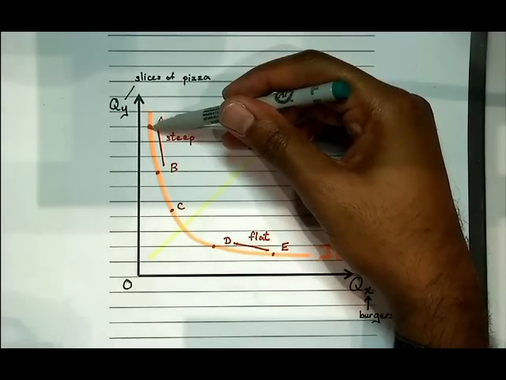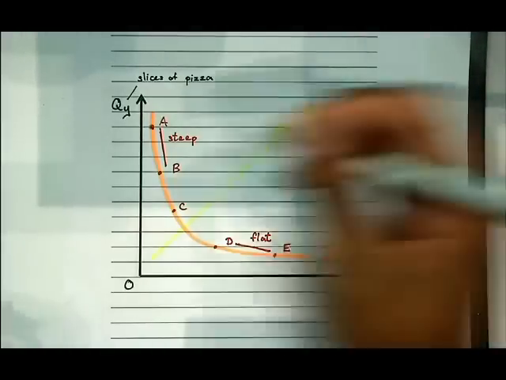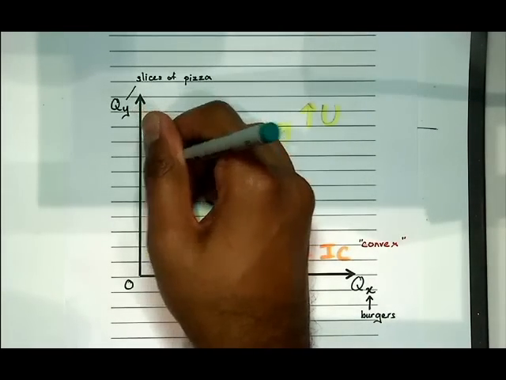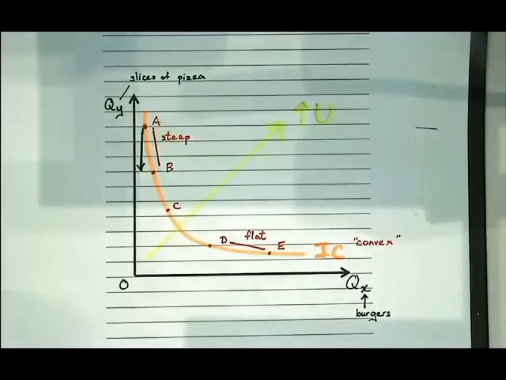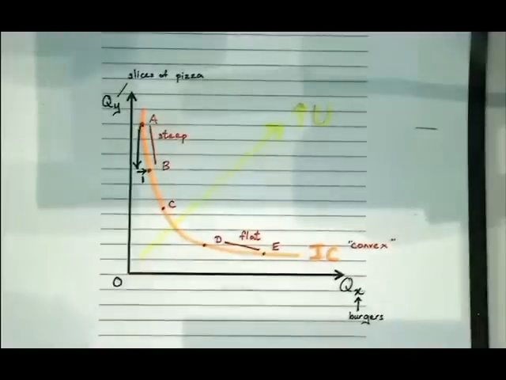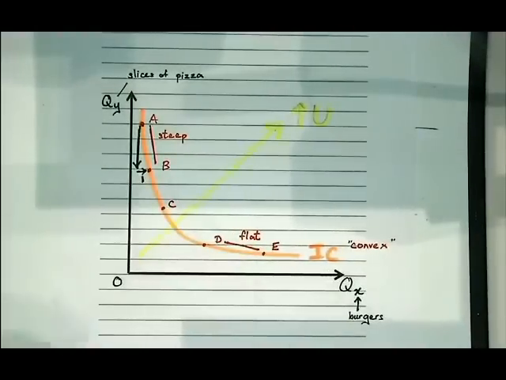They have so many slices of pizza that another slice of pizza is going to be quite boring now. They already have so much to begin with. They would have been equally happy if they were to give up quite a few of those slices of pizza for one extra burger. Because we hardly have any burgers at point A to begin with, right?